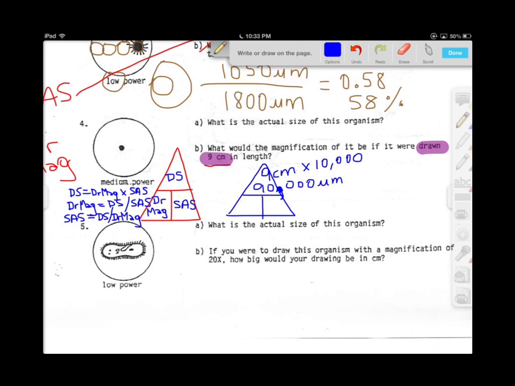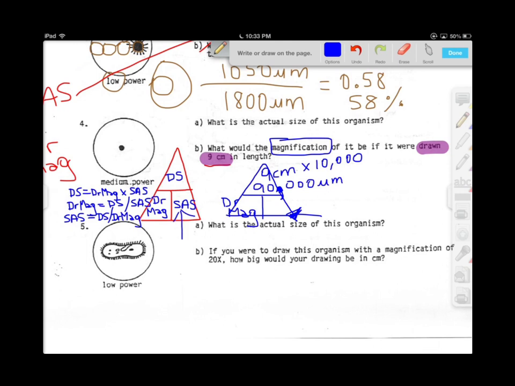You say, okay, now I've got part of it. They're asking what would the magnification be? So they're asking for the drawing magnification right here. If that's the one we want, then what is that there? Well, that's SAS.